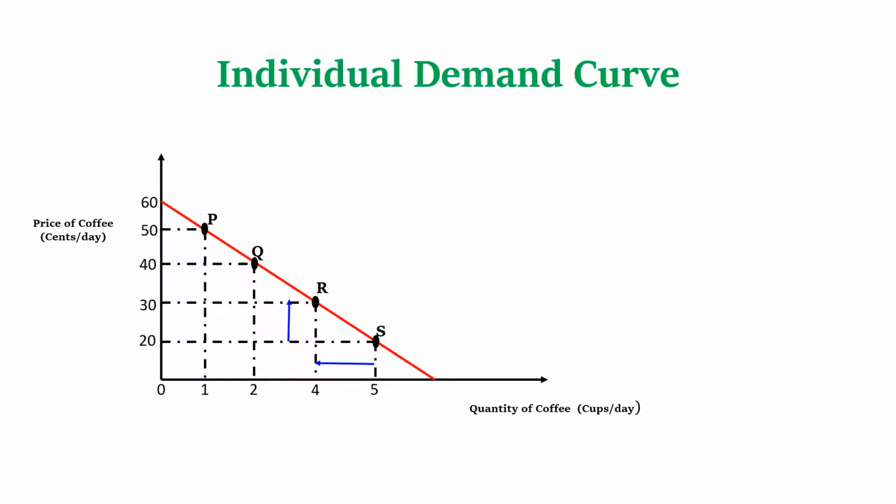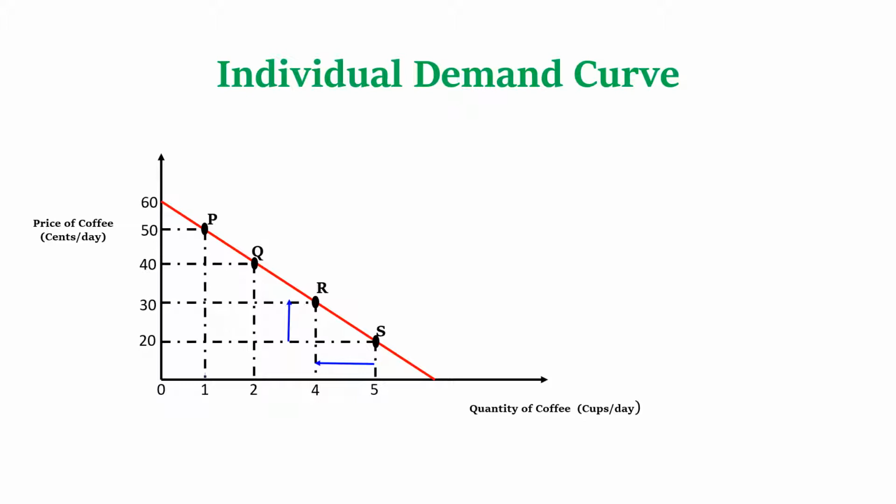As I said earlier, we only have two variables, Q and P. We don't have any other variable like the price of related goods, the income of the consumer, or other exogenous factors like taxation. So it is a simple diagram that shows the relationship between the price and the quantity. Quantity on the horizontal axis, and price on the vertical axis.